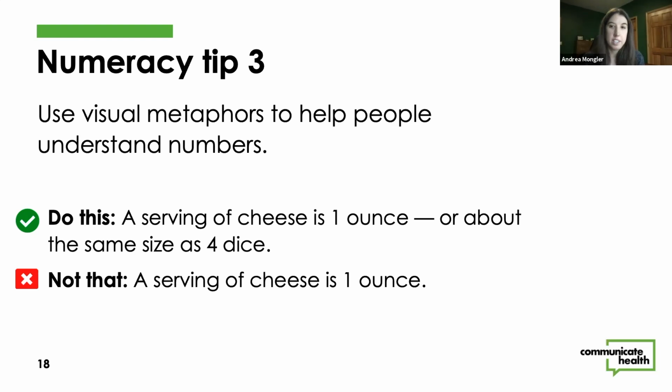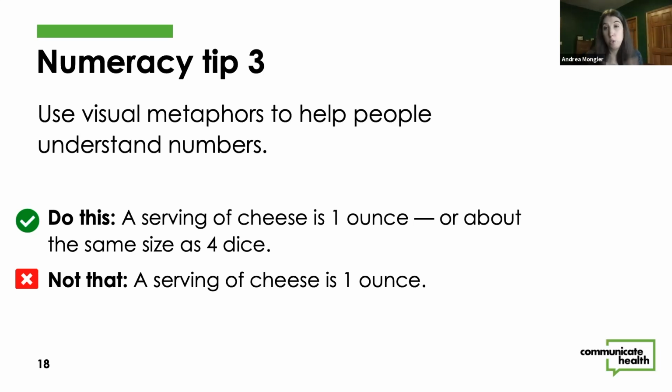So you can probably understand why this is helpful. If you are like me, you have no idea what 1 ounce of cheese looks like without some sort of visual metaphor like that. And that is because people, me included, make sense of numbers through visualization. In our study, we found that when we did not provide a visual metaphor, people often created their own visual in their minds to help them understand numbers.